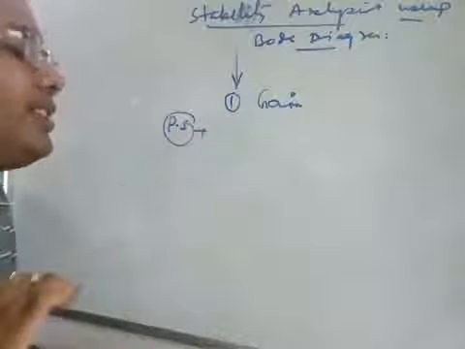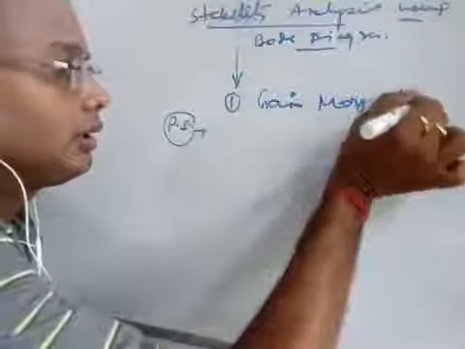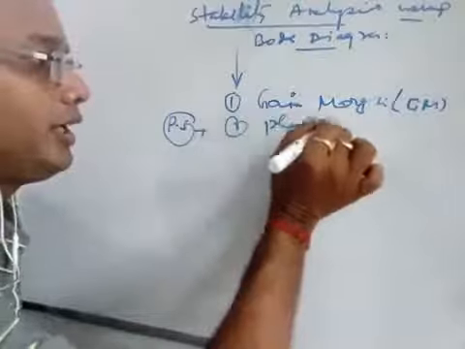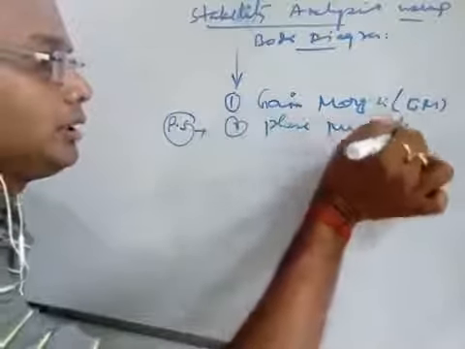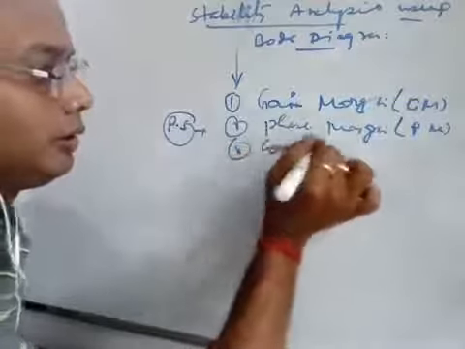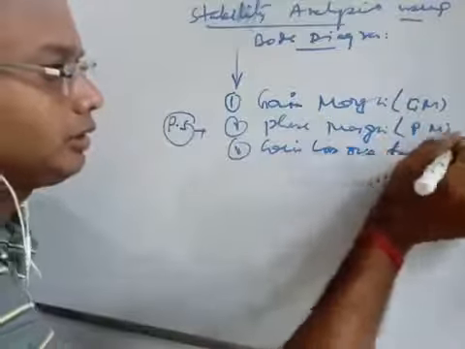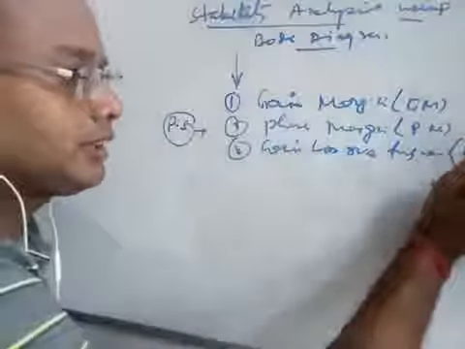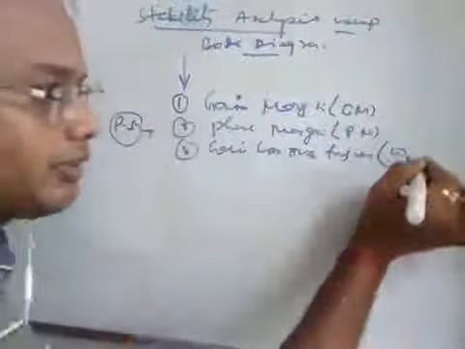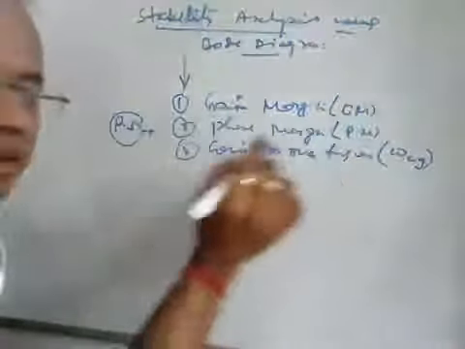So the performance specifications are, number 1, gain margin, number 2, phase margin PM, number 3, gain crossover frequency omega c, where the suffix g is used to denote that this is a gain crossover frequency, right?